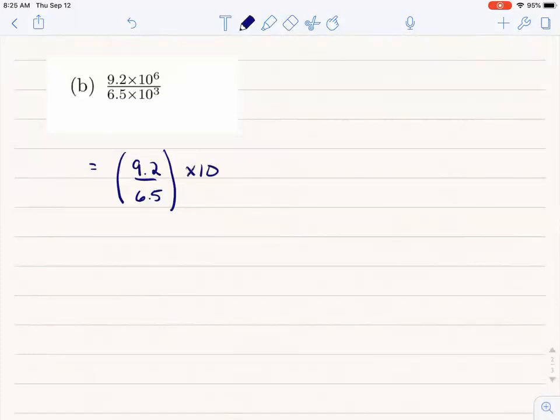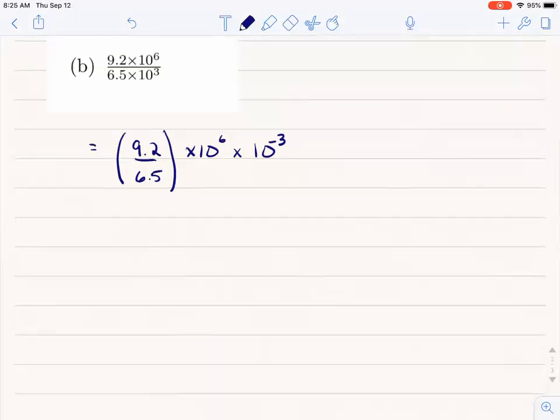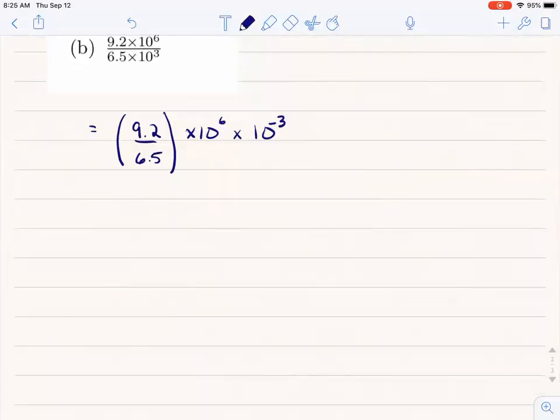But then times 10 to the power of 6, and then times 10 to the negative 3. Bumping it up to the top, we just make the power negative. So I can do 9.2 divided by 6.5, get that out of the way: 1.415384615 times 10 to the power of 6 plus negative 3, combining those powers.